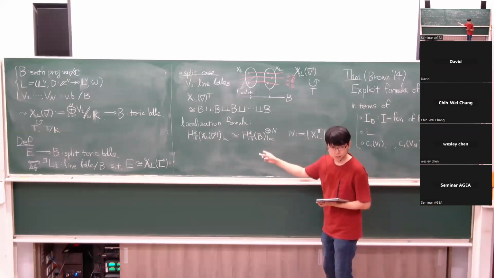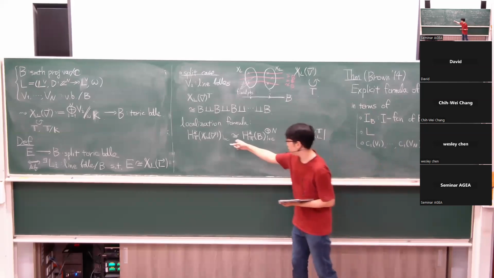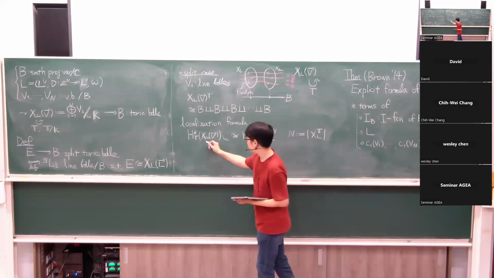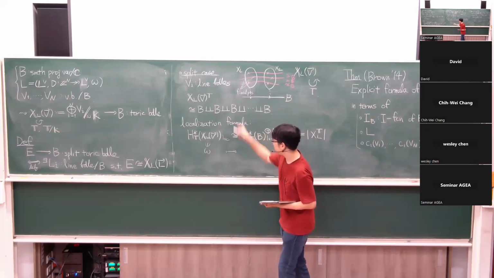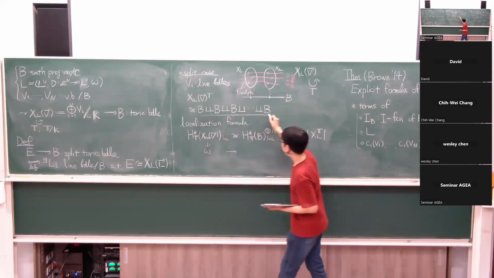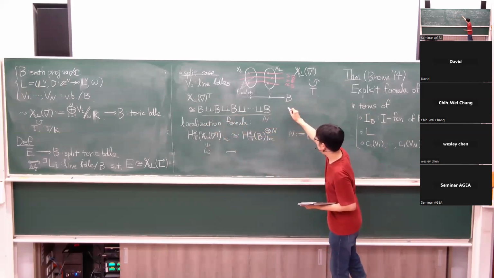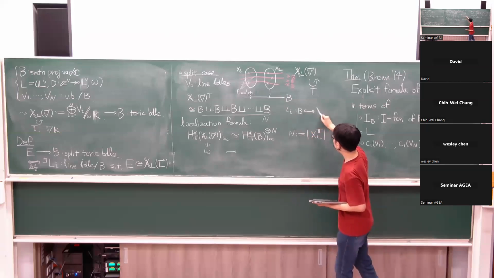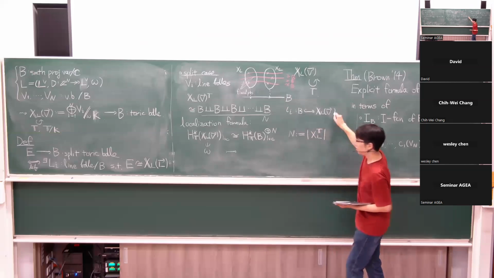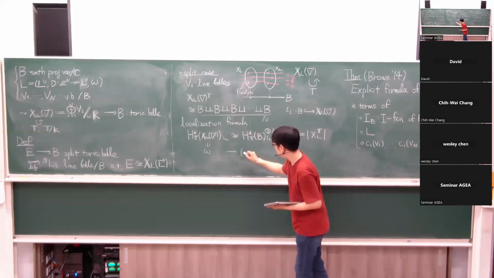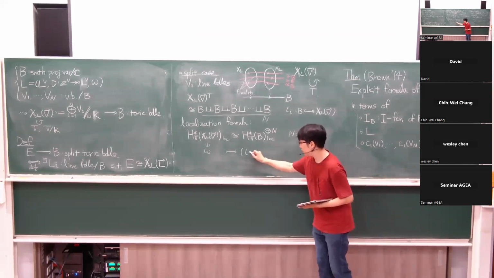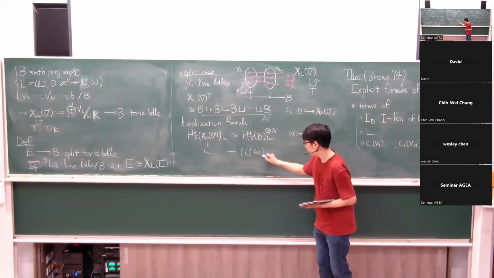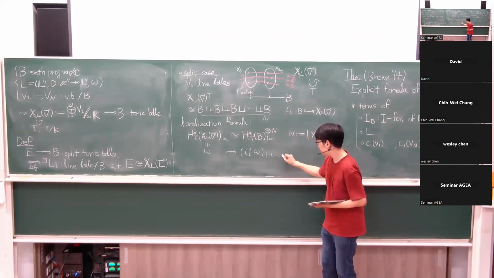This isomorphism is just, so there are n copies of B, so we have n inclusions of B into the total space, right? And so just, okay, yeah, taking the direct sum.